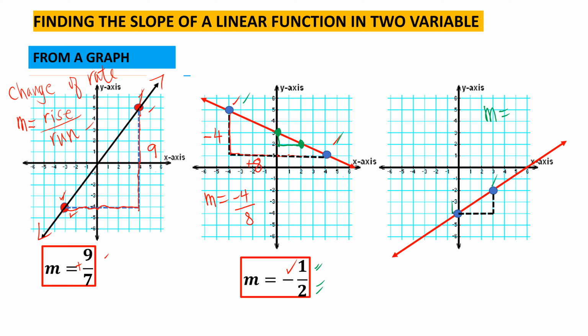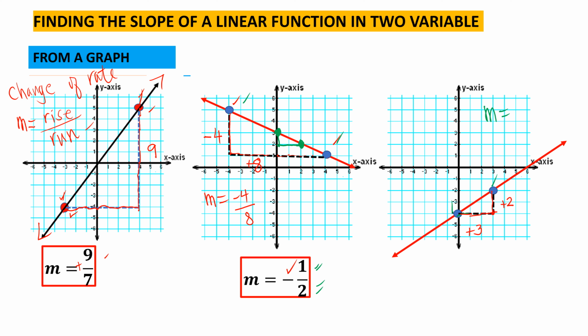If we want to know the run and the rise, it's the same thing if you start here. 1 unit, 2 units, and 3 units. You go to the right 3 units, and of course it's positive. And then from there, you go up 1, 2 units, so it's positive.